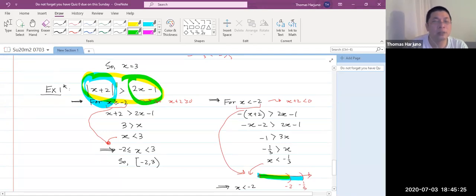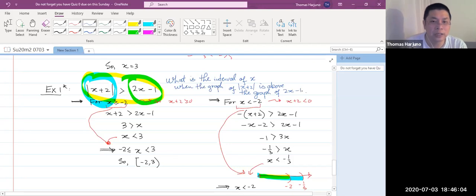Maybe I reword: what is the interval of x when the graph of absolute x plus 2 is above the graph of 2x minus 1?